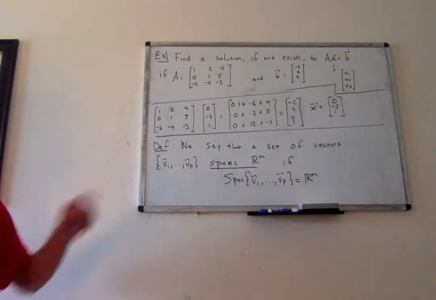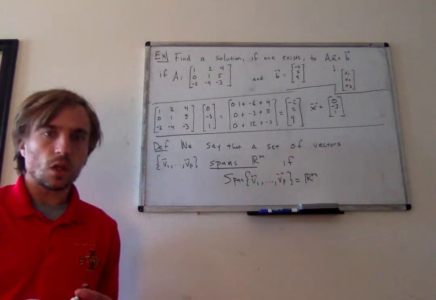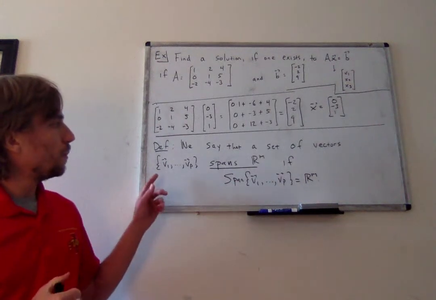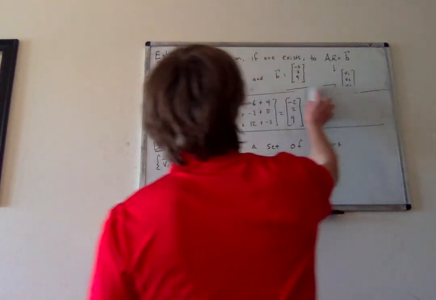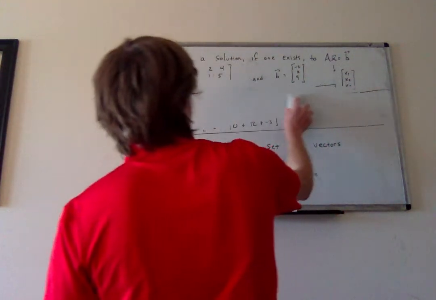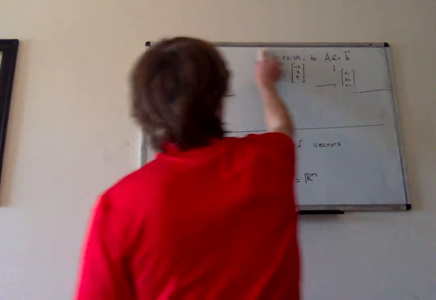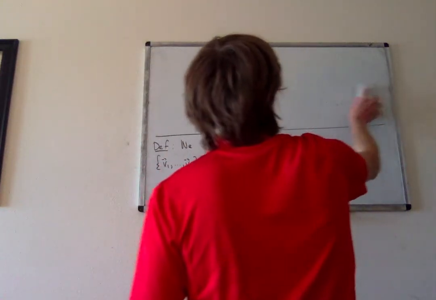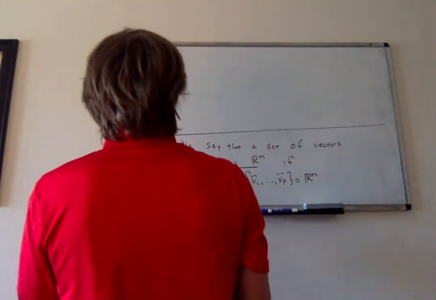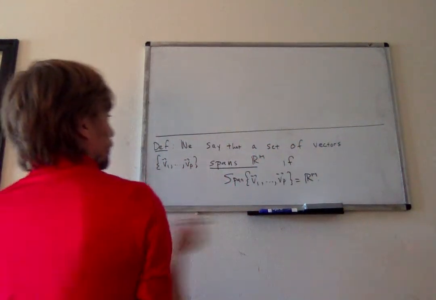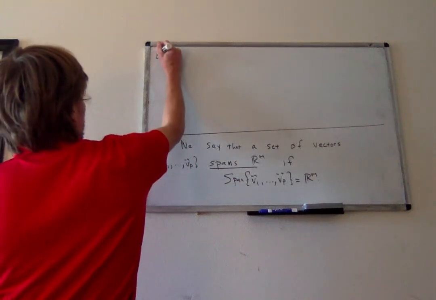So, what does this mean? Well, remember that the span of a set of vectors is just all vectors which can be written as a linear combination of that set of vectors, right? Actually, we can see a somewhat straightforward example here.